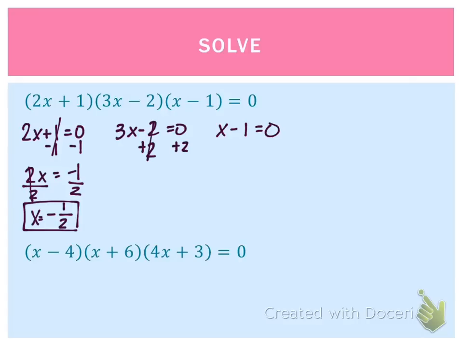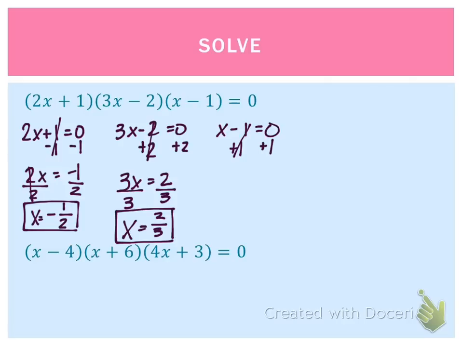Add 2. 3x is equal to 2. Then I need to divide by 3. Divide by 3. X is equal to 2/3. Second answer. And lastly, I just need to add 1 here, add 1, and x is equal to 1.